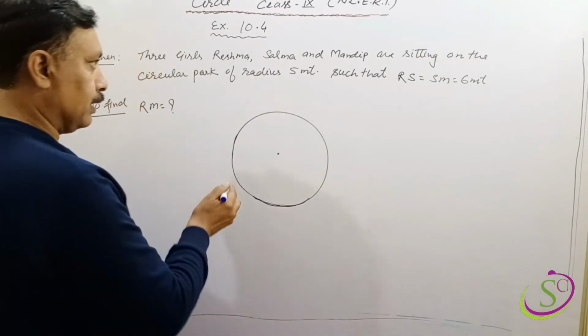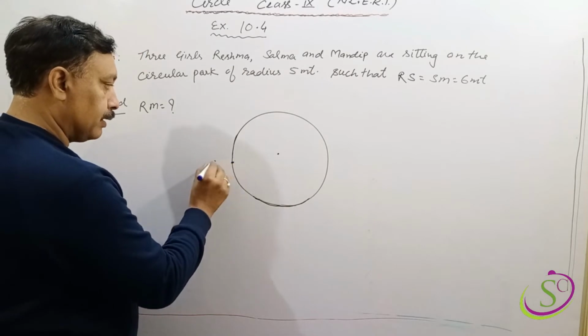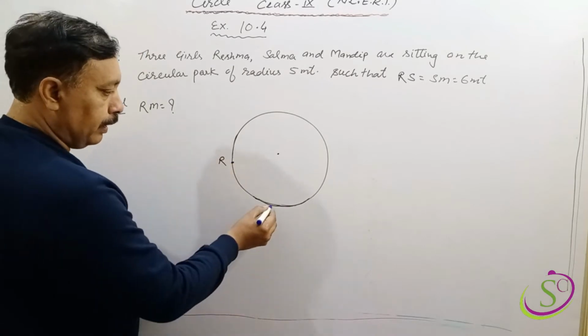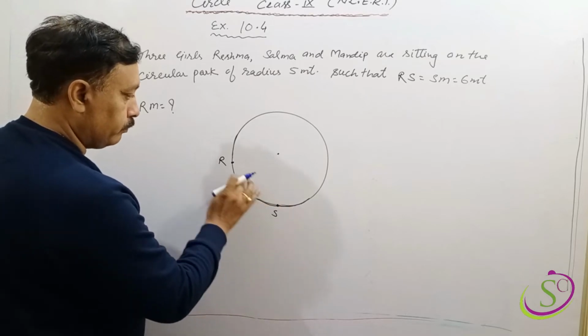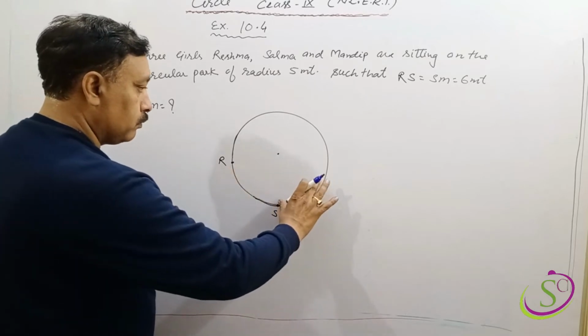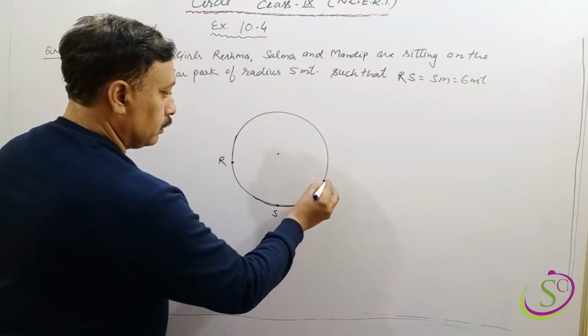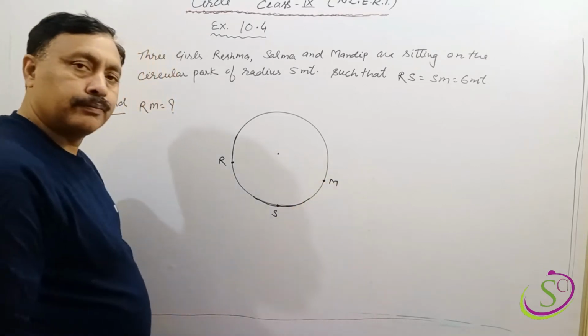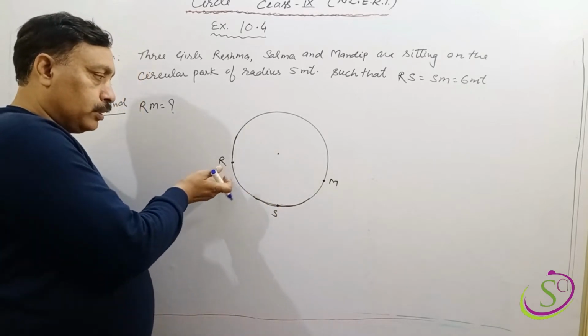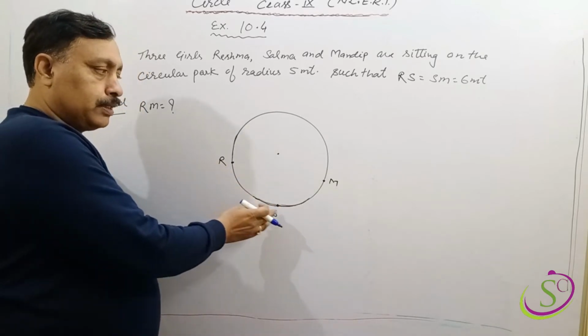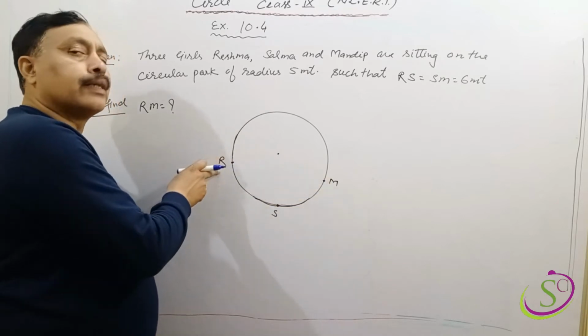Then find the distance. देखिए, this is Reshma, clear? And this is Salma, and this is Mandeep, clear? These 3 are playing like this. A ball is thrown from Reshma to Salma, Salma to Mandeep, and Mandeep to Reshma.